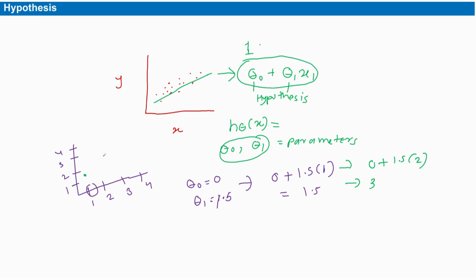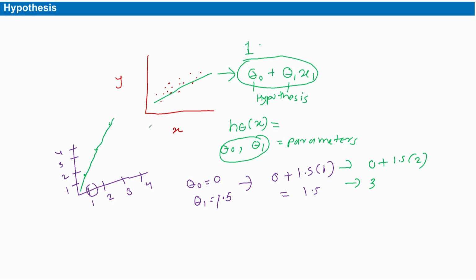Like this, when x is equal to 3, it becomes 1.5 into 3, which is 4.5. So we will get a line something like this, right?